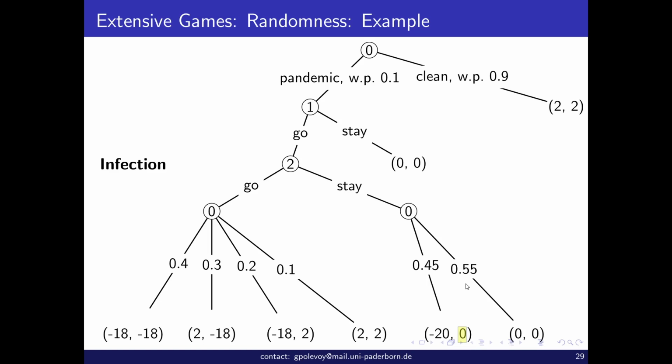And this is the probability of 0.55, that the guy does not contract any virus. So he simply goes to that place, doesn't dance because his partner hasn't come, but doesn't catch any virus, so they both again get 0-0.